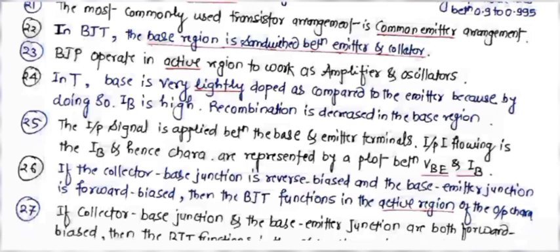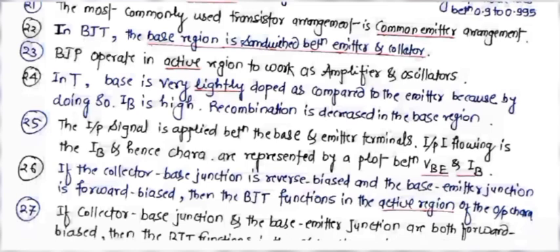The input signal is applied between the base and emitter terminals. Input current flowing is the IB, and hence characteristics are represented by the plot between VB and IB.